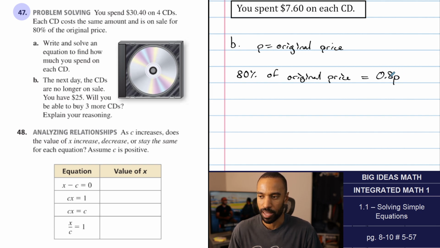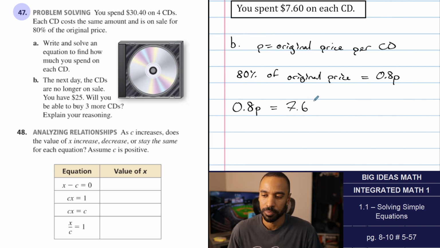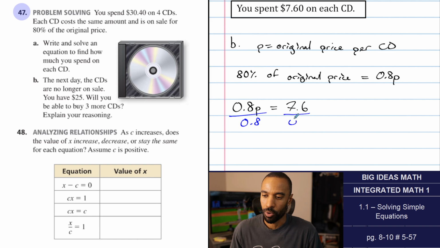That's your decimal shift of that. So 80% of the original price, per CD, will give you how much you spent, $7.60. I'll just put 7.6. To solve for the original price per CD, you divide by 0.8.